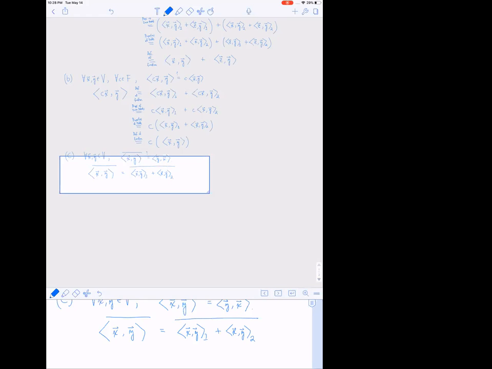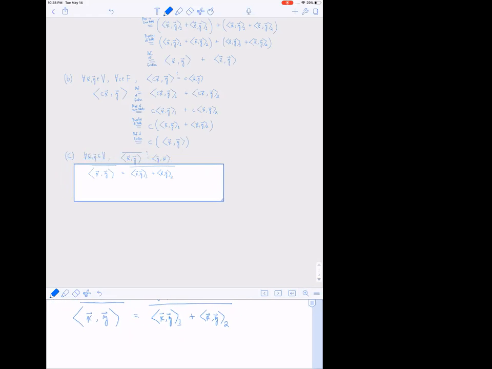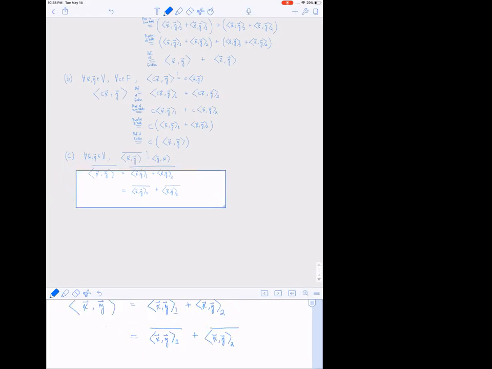And we have a conjugate bar over the entire thing. But now the conjugate of a sum is the sum of the conjugates. That's certainly true for real numbers where the conjugation doesn't do anything, but it's also true for complex numbers. So this is the sum of the conjugates of two complex numbers separately now.